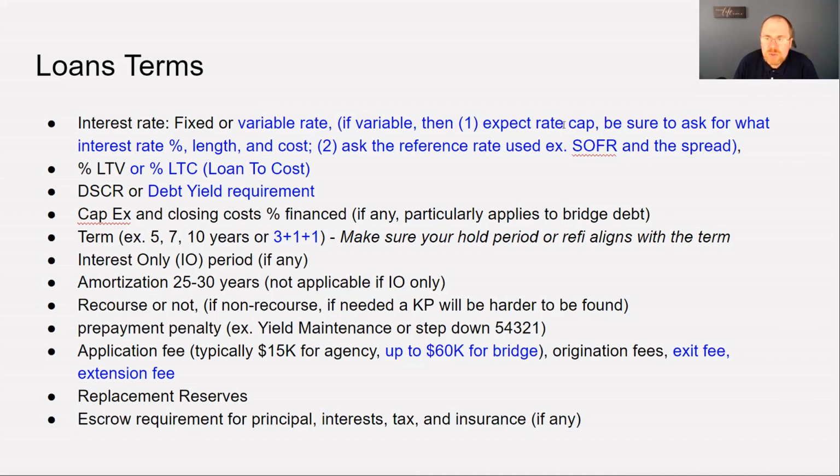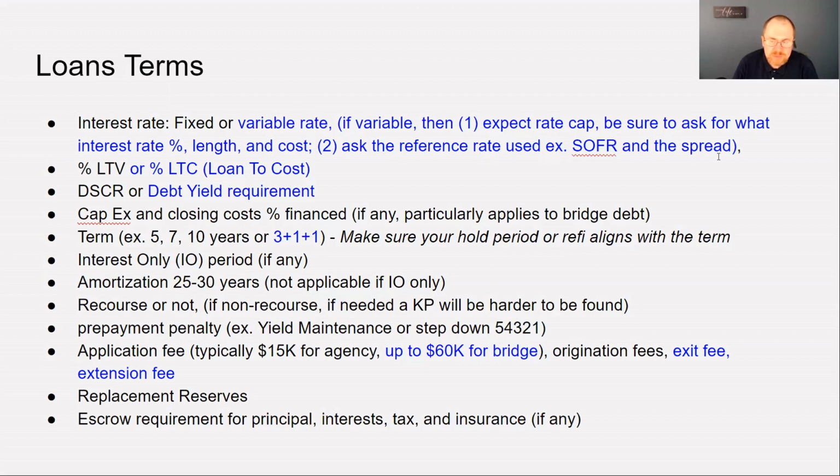So you need to understand what the rate cap rate is, what the length of it is, for how many months or years, and what the cost of it is.